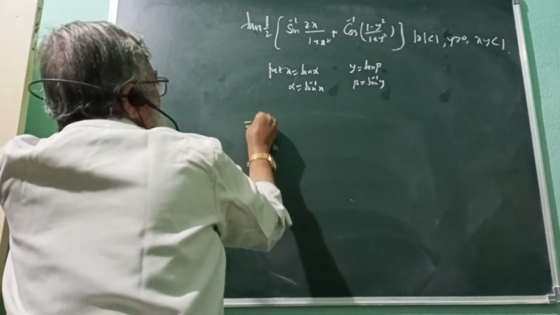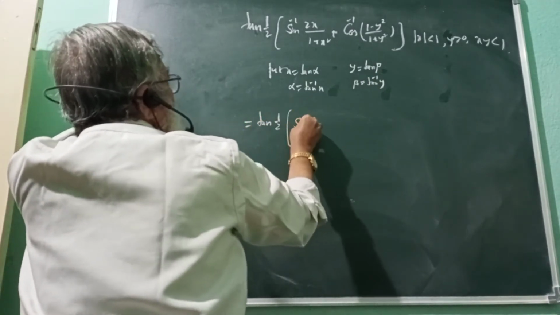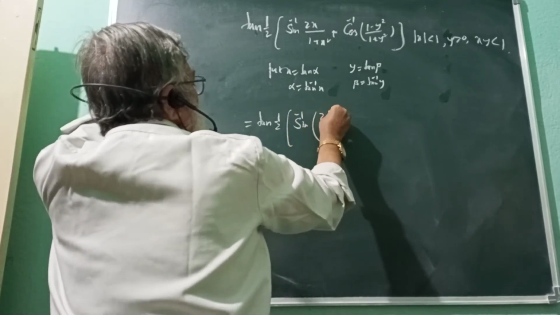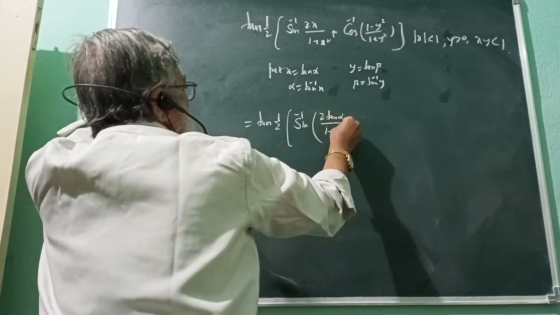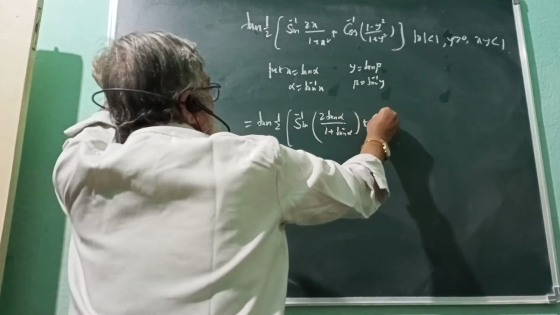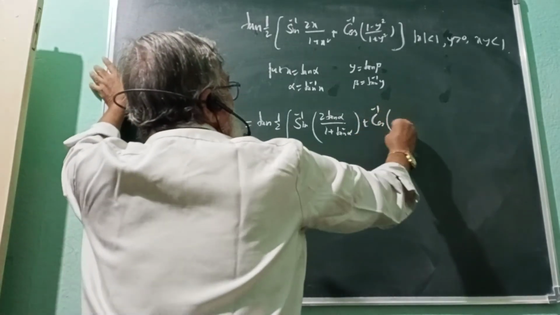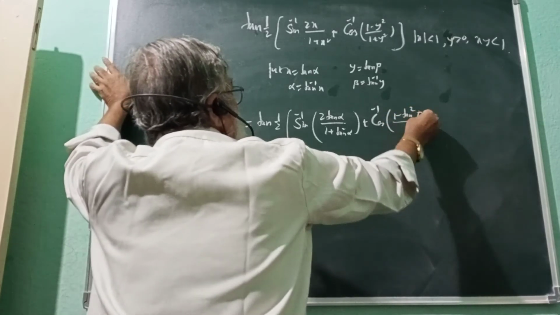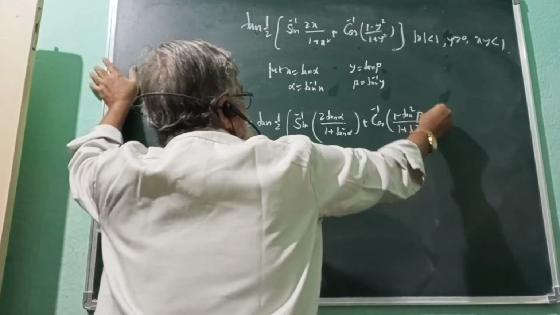Now that is tan of 1 by 2 into sin inverse 2 tan alpha by 1 plus tan square alpha, and cos inverse of 1 minus tan square beta divided by 1 plus tan square beta.